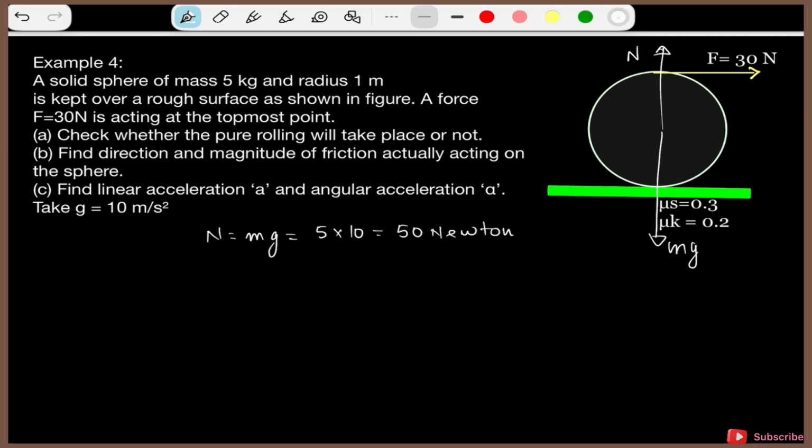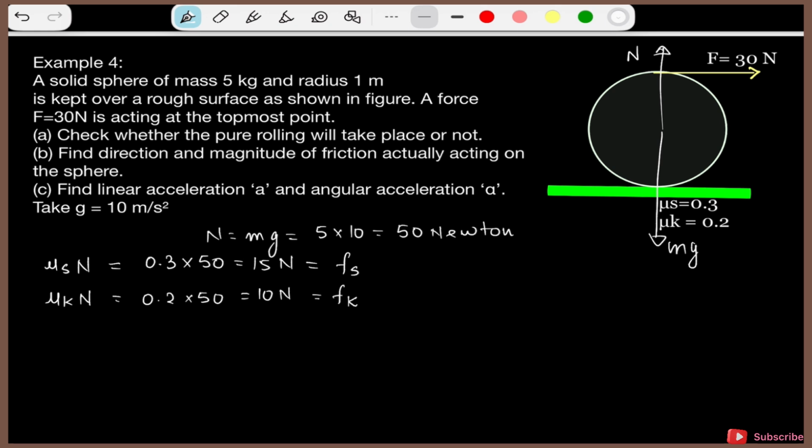So from this we can write mu s times N, with mu s equal to 0.3 and N equal to 50, which is nothing but 15 Newton. This is the maximum value of static friction, and mu k times N, again it is 0.2 times 50, which comes out to be 10 Newton. So this is the maximum value of kinetic friction.